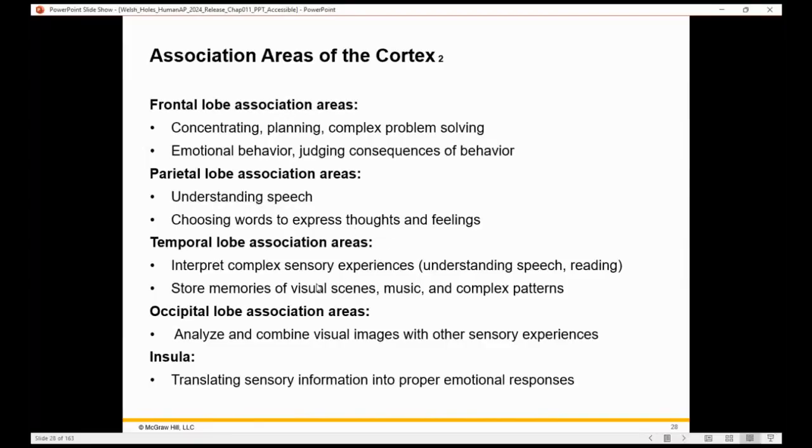Then the temporal lobe association areas interpret complex sensory experiences like understanding speech and reading. We store memories of visual scenes, music, and complex patterns in these areas. The occipital lobe association areas analyze and combine visual images with other sensory experiences. And then in the insula, we translate sensory information into proper emotional responses.